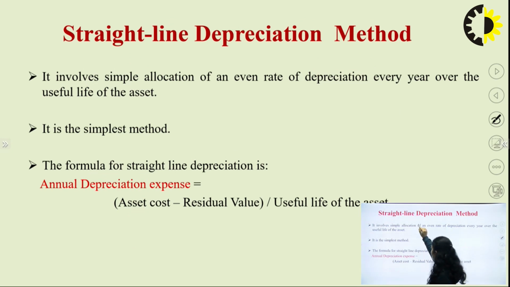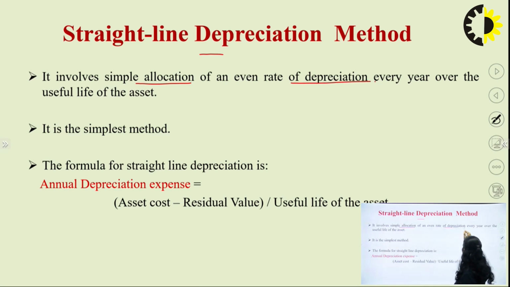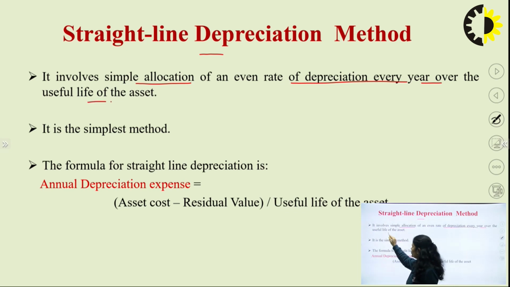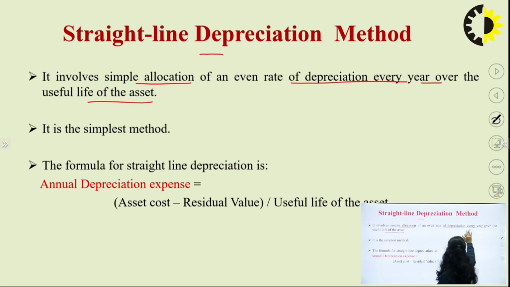Now, the first method is the straight line depreciation method. In this method, basically, it involves the simple allocation of an even rate of depreciation every year over the useful life of the asset. So here the depreciation will be equally distributed over every year.